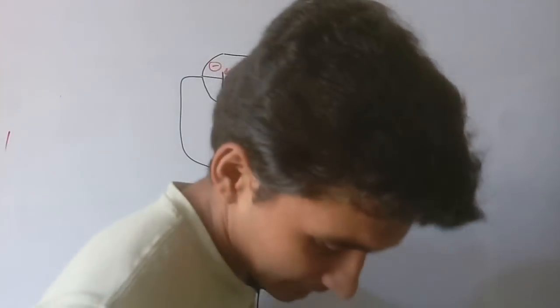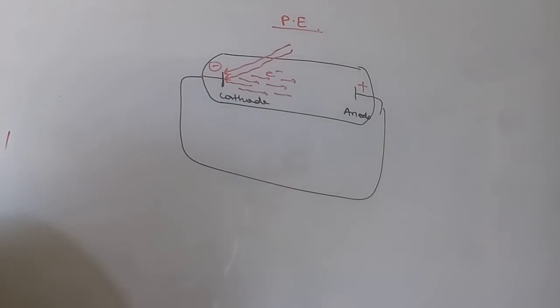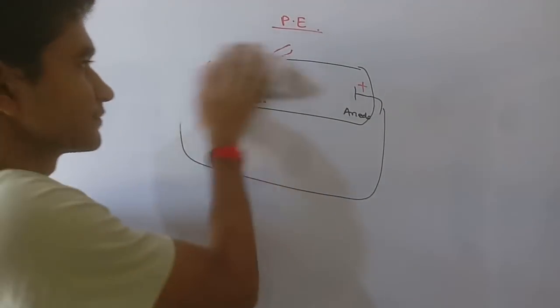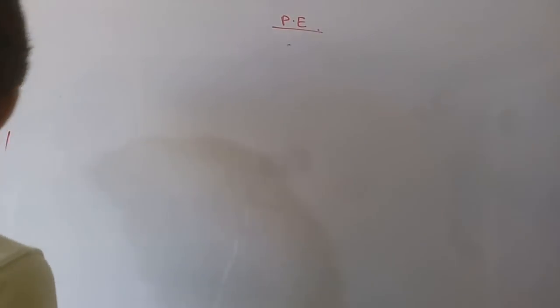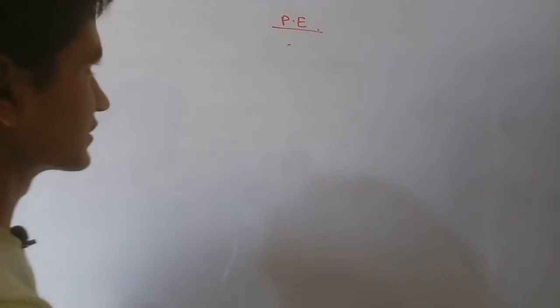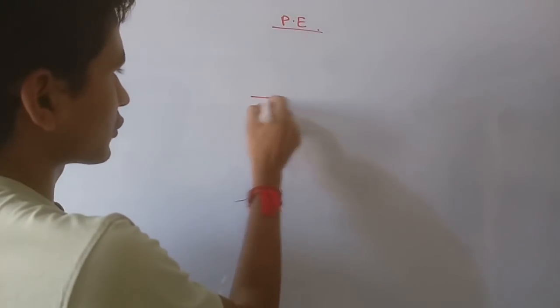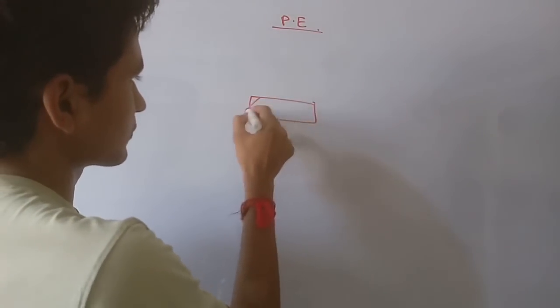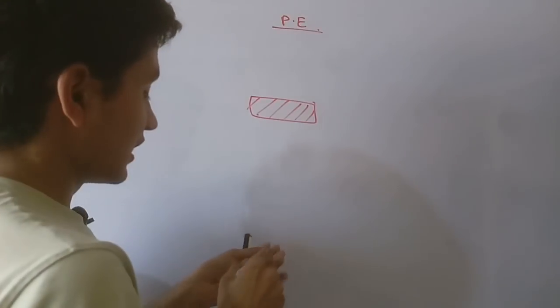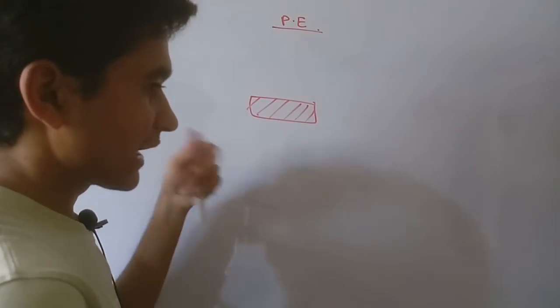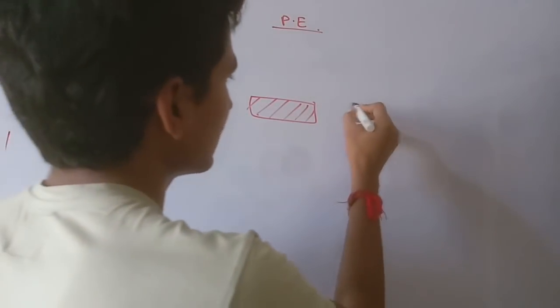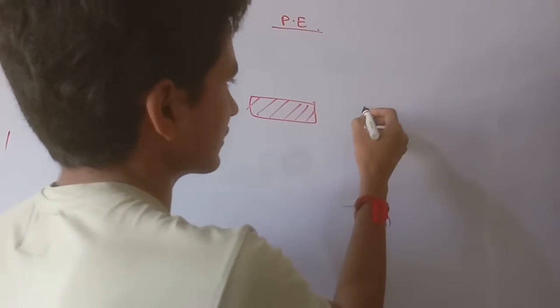Moving to the theoretical part. First, one important thing is that an electron will be excited from any metal if it is given a minimum energy.